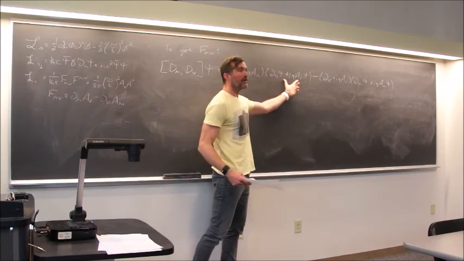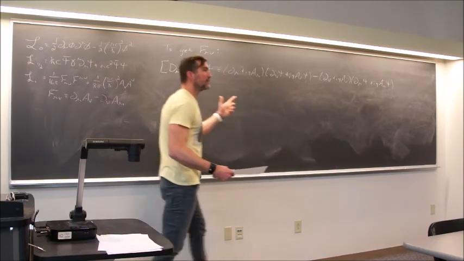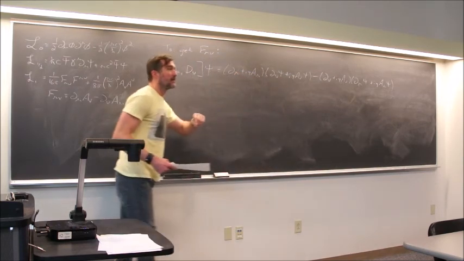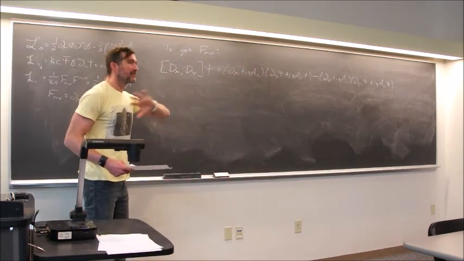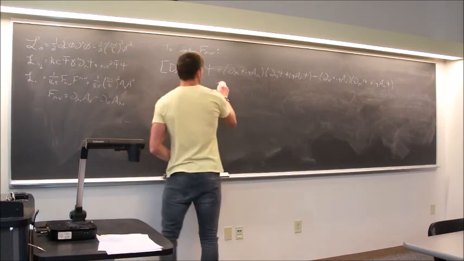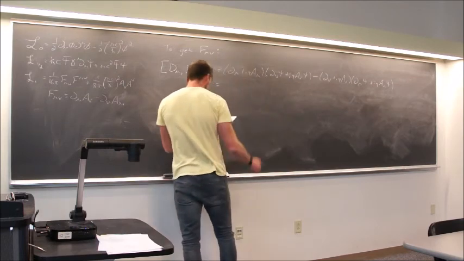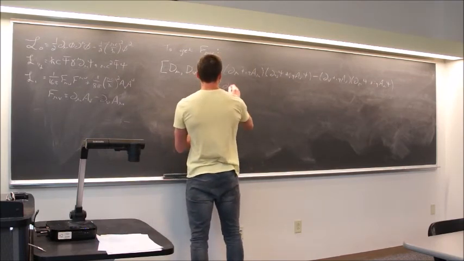I'm going to go ahead and let the one on the right act on psi. And then I'm going to act on this with all of this stuff. I kind of skipped over a little step that's in the notes. But now I just take this and I let each of these hit each of these, and in the end, I get a mess.